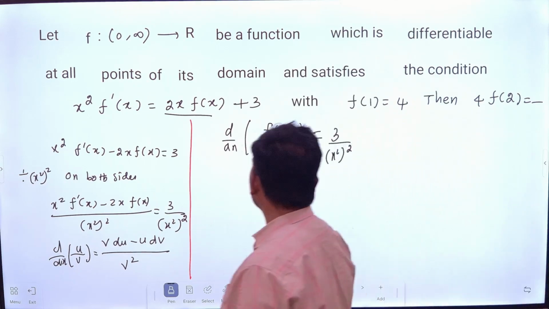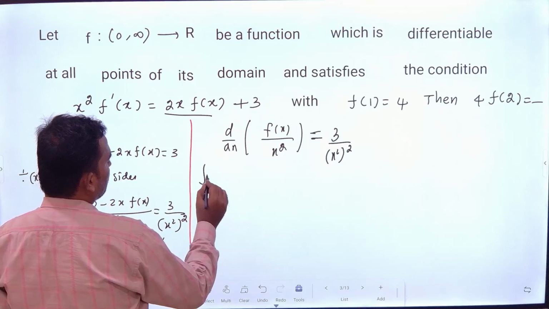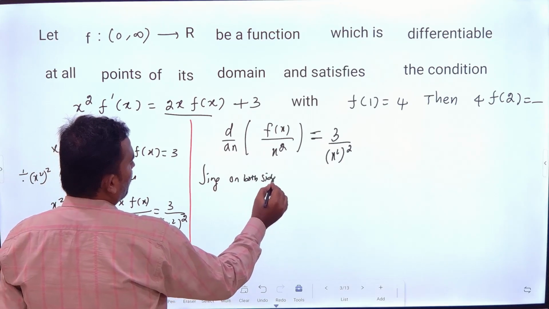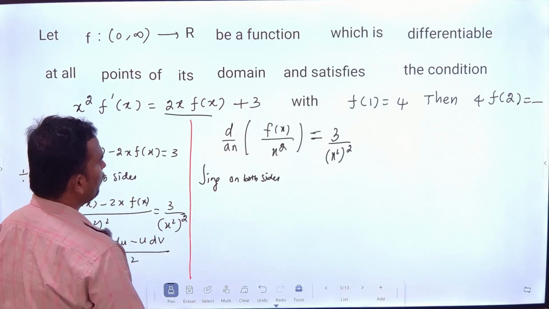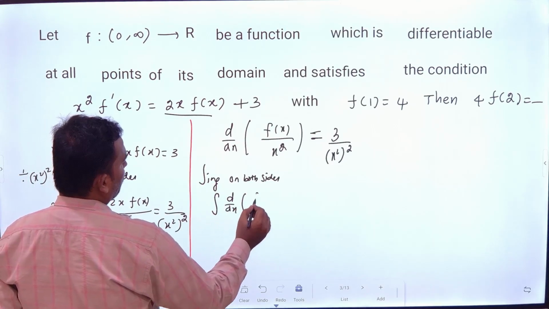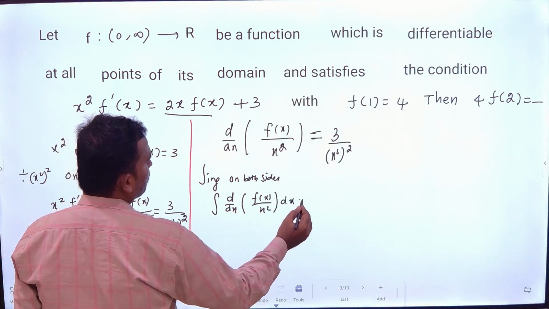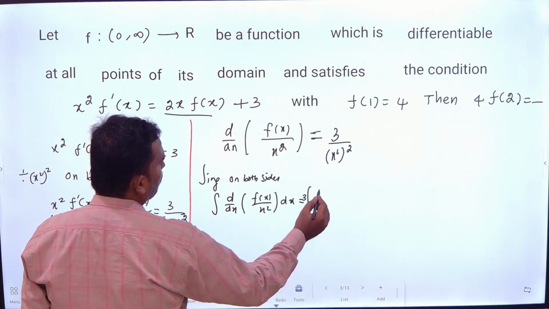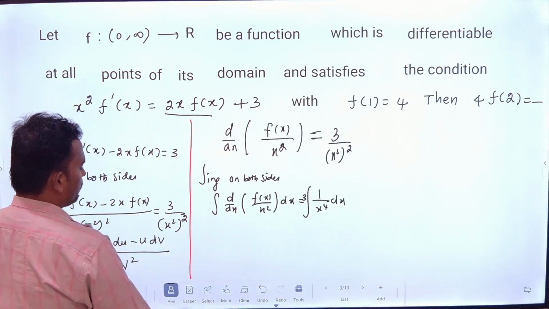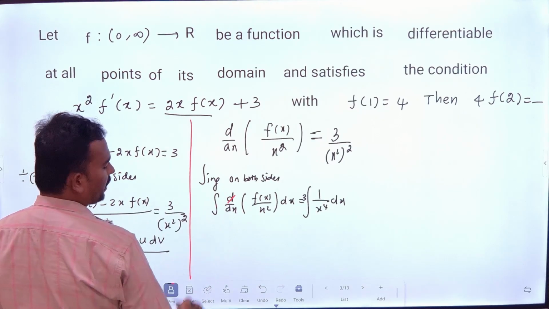Now we integrate on both sides because we need f of x, right? Integrating on both sides, what will we get? The integration of the differentiation of f of x divided by x square into dx equals the integration of 3, you take it out, 1 by x power 4 into dx. So now you can see the differentiation and integration will cancel.